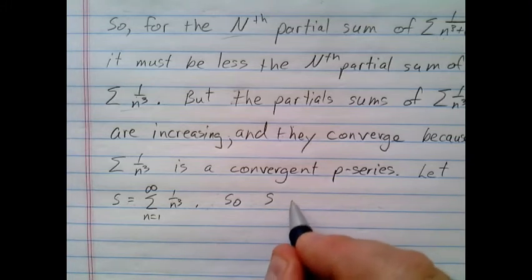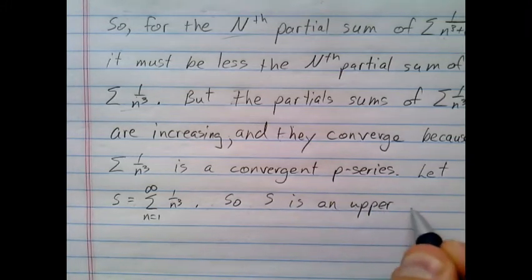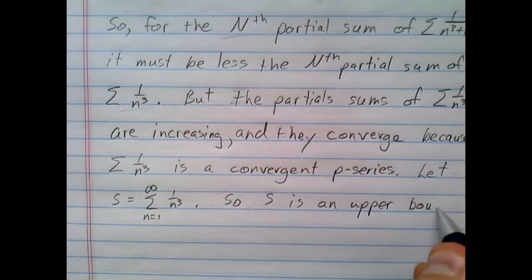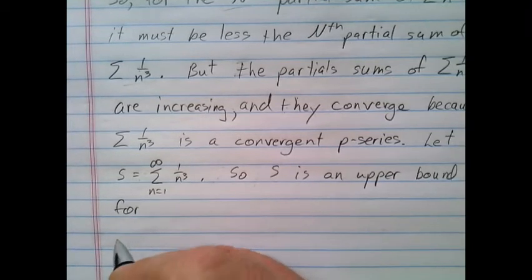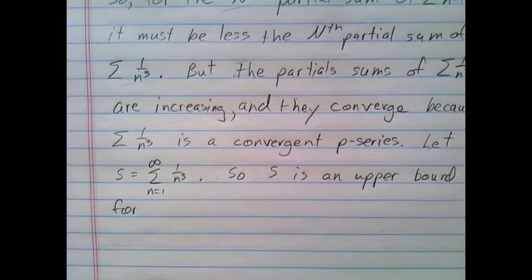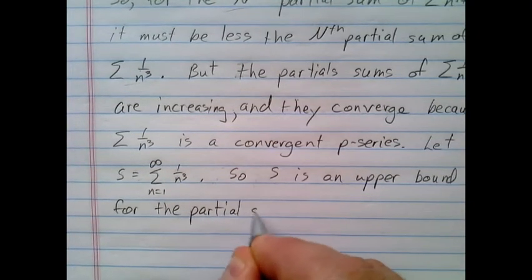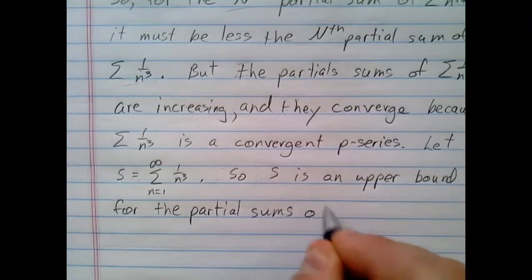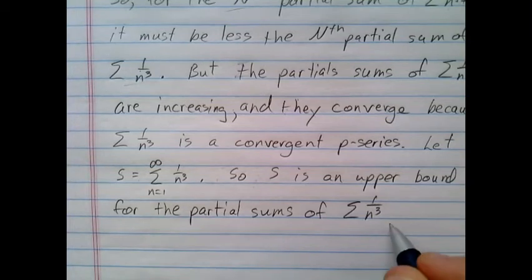So then S is an upper bound for, now I bet this is starting to feel like a long argument, and that's okay. Most of the arguments won't be quite this long. We're kind of doing this one from scratch. So S is an upper bound for the partial sums of the series where the nth term is 1 over n cubed.